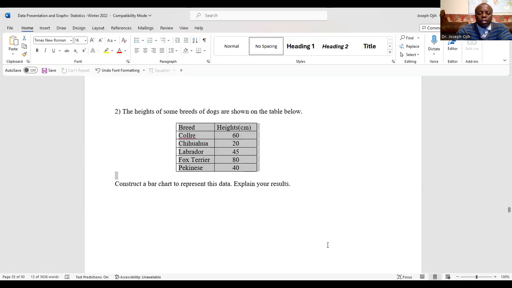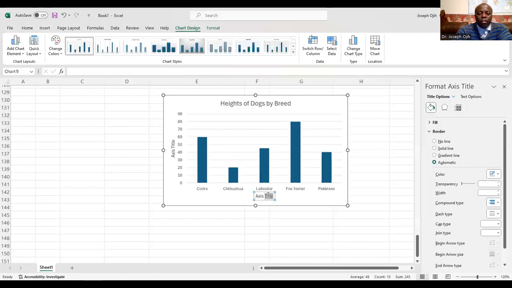Okay, that is centimeters. So we have the name is there already. It's the breed. Then their height. Just click on this 3 times. 1, 2, 3. Height in cm.